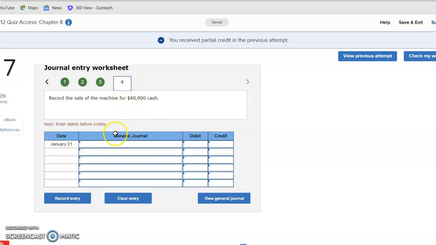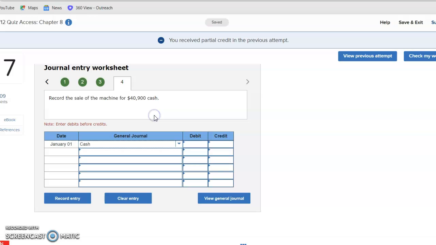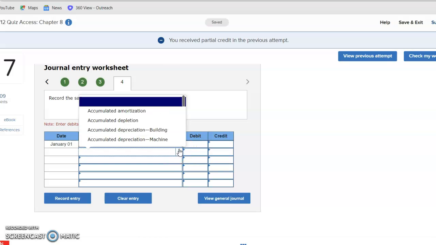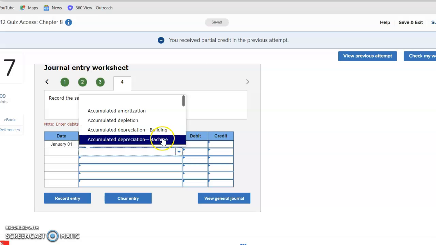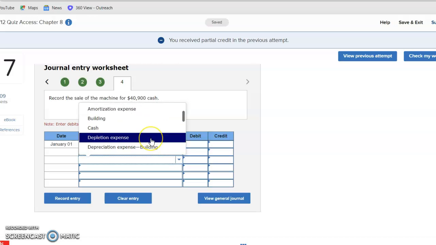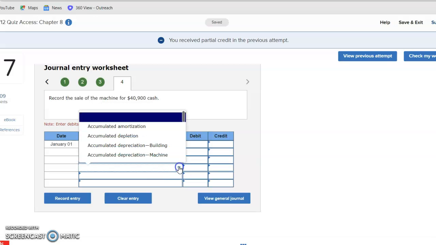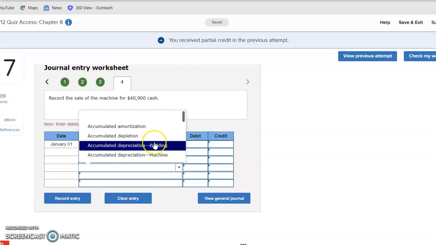And the last one, we start with cash again. And then we move to accumulated depreciation, machine, and then we move to the machine. And then we finally land on gain on sale of machine.